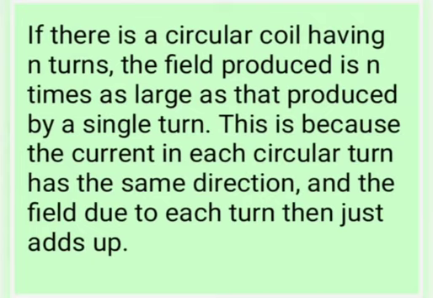That means in a circular coil with 5 turns, the field produced is 5 times as large as that produced by a single turn. This is because the current in each circular turn has the same direction and the field due to each turn just adds up.